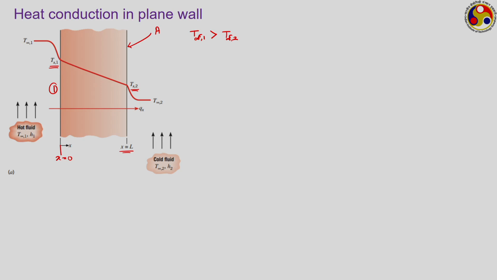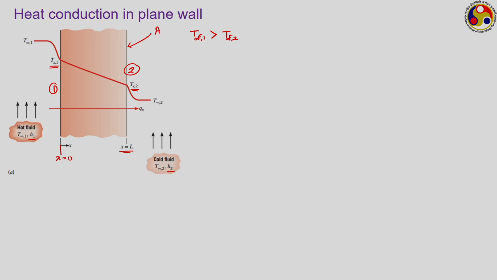That has to be convection, because we are talking about a flowing fluid over a solid surface. So, via convection heat gets transferred from the hot fluid to face 1, then from face 1 to face 2 via conduction, because it is a solid wall, and then from face 2 to the cold fluid, which is maintained at temperature T infinity 2, via convection again. The corresponding convective heat transfer coefficients are given as H1 and H2.